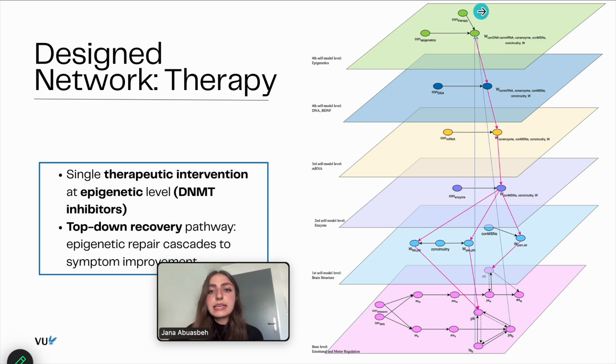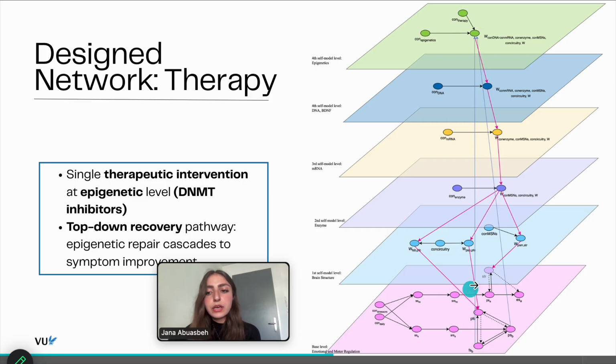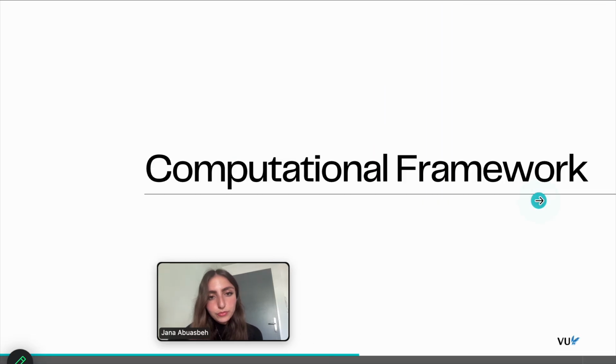So when this state is activated, it facilitates this recovery process that goes all the way down. We have reduced DNA hypermethylation, which allows the BDNF gene expression to recover. And this leads to increased mRNA, more protein synthesis, improved neuronal health, and finally some restored motor and emotional control.